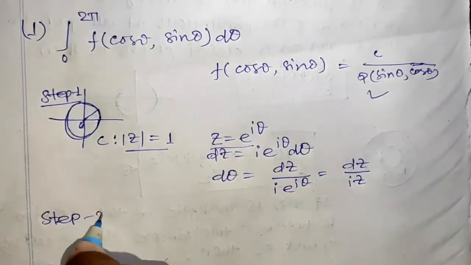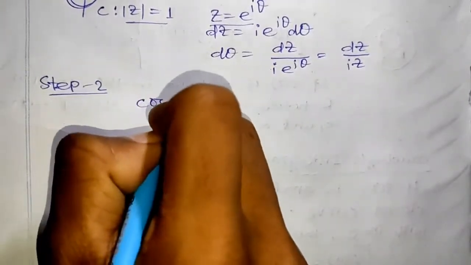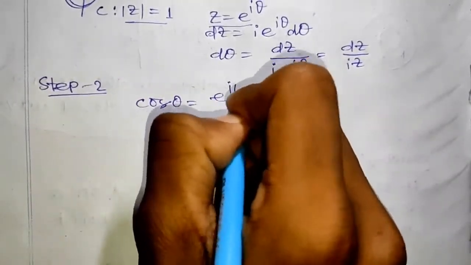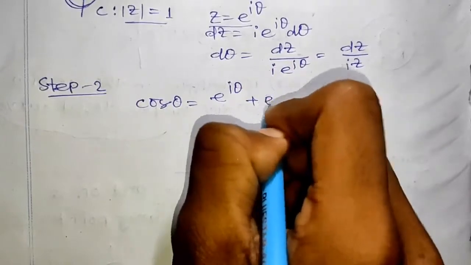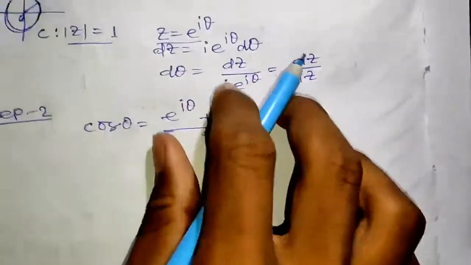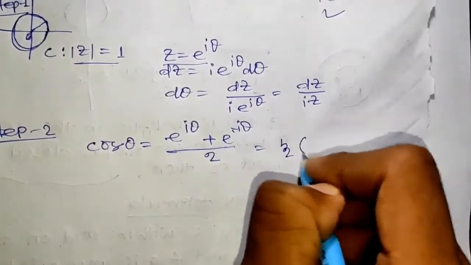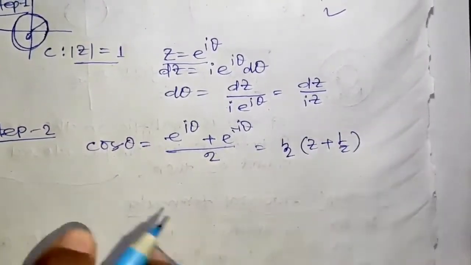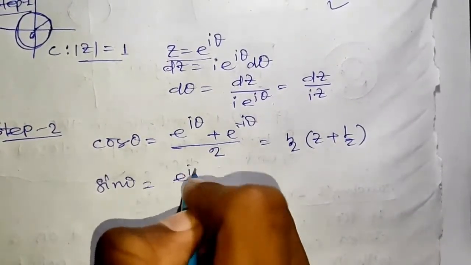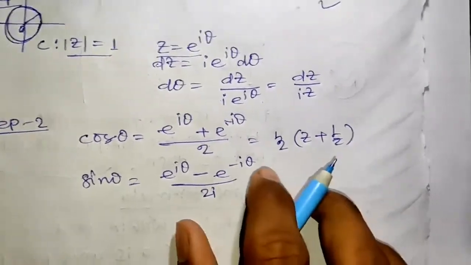Now come to step 2. From Euler's identity we know that we can write cos theta as (e to the power i theta plus e to the power minus i theta) by 2, and we assume that z is e to the power i theta, so we can write it as 1/2 into (z plus 1 by z), and similarly we can write sin theta as (e to the power i theta minus e to the power minus i theta) by 2i.